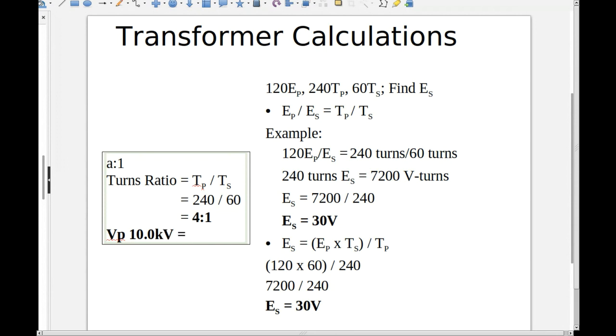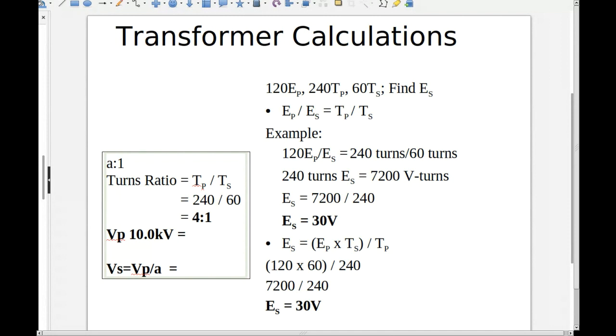To get the voltage on the secondary side, you divide V primary by A. So if A was 100, which is the example I did earlier, you have 10,000 divided by 100.